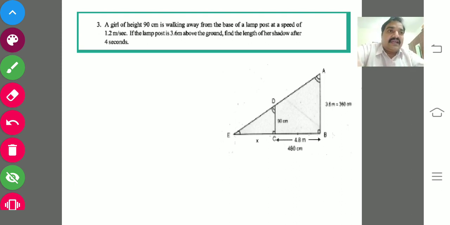First, for these kinds of problems you have to know how to draw a diagram. That is very important. Here I can find two objects. The first one is a girl, and one more, a lamp post, also there.